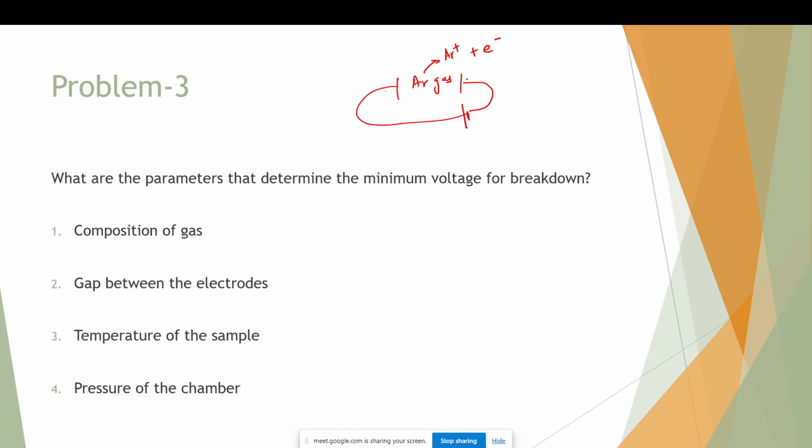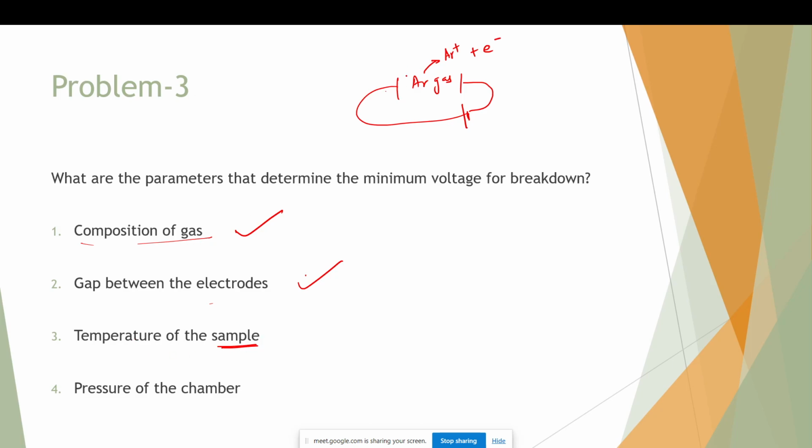So what will this breakdown voltage depend on? Composition of gas, of course. Gap between the electrodes, yes. If there is a smaller gap, we'll need lesser voltage. If there is a larger gap, we'll have to ionize more argon gas that is in between. So it will depend on the gap between the electrodes. Temperature of the sample, so there is no question of sample here, right?